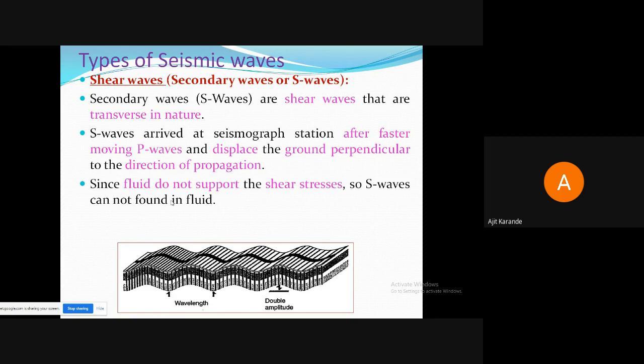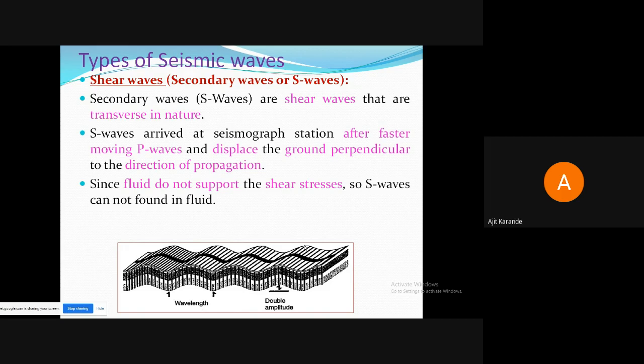There is an instantaneous movement or change in shape. You can observe here some successive troughs and crests are formed. So these instantaneous changes in shape may take place due to the shear waves.